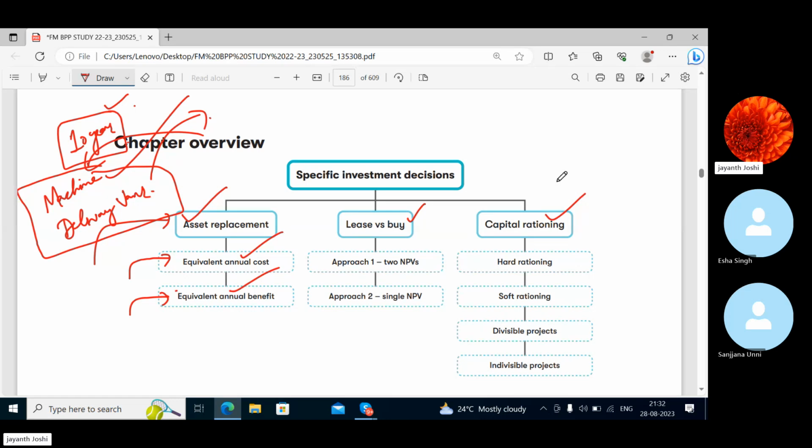Then capital rationing. Definitely, businesses have limited capital. Sometimes they may not have adequate money or capital, and they may arrange it. But businesses always feel short of funds for future goals and objectives they want to fulfill. They definitely have financial goals, so they want capital for that reason.